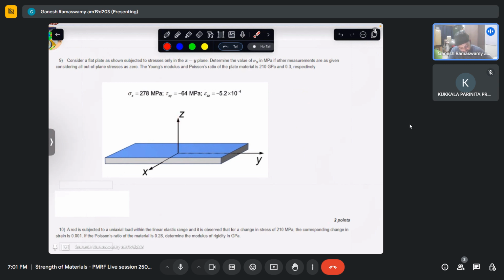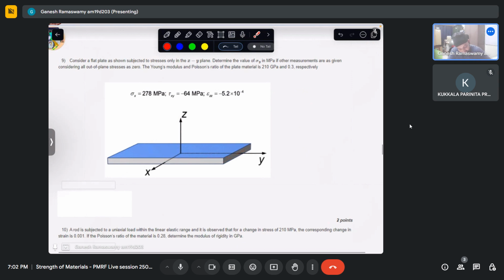Determine the value of sigma y, considering all the out of plane stresses to be 0, meaning in the stress tensor whichever has a z dependence is 0. Only in-plane stresses are there.